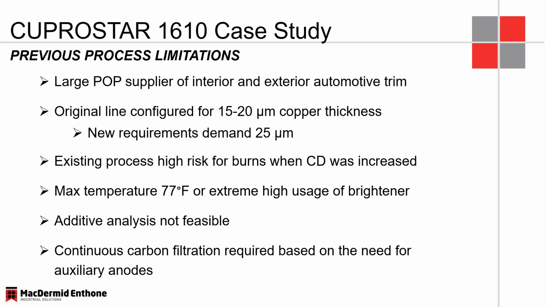If they tried to increase the temperature to increase that thickness, they found that they had a large brightener usage. They were also not able to analyze the system that was in place at that point, and they were carbon filtering continuously based on the need or their usage of auxiliary anodes. So a lot of issues that we were asked to help them overcome by installing the CUPROSTAR 1610 process.